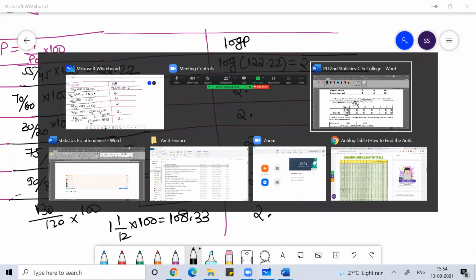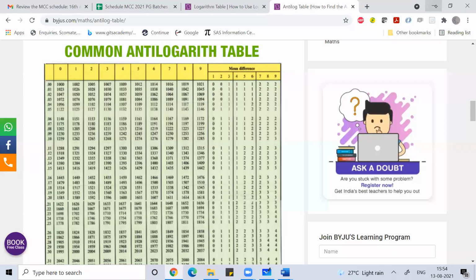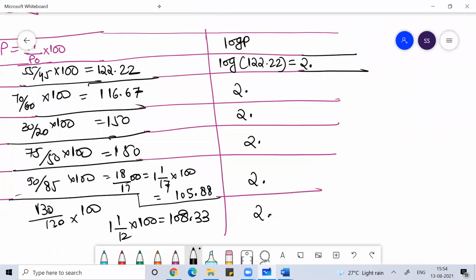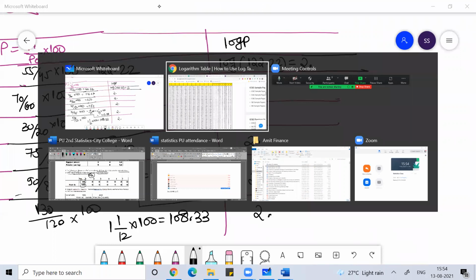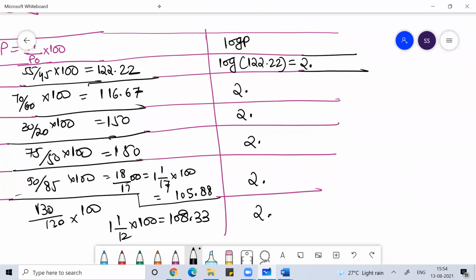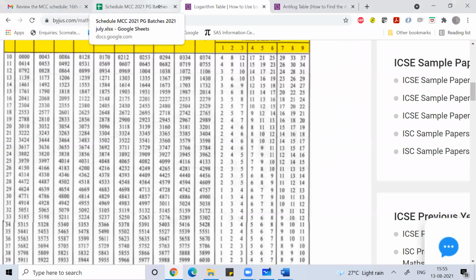Then what you do? Go to the log table. In the log table, for the first one, 122.22, see column 12 and row 2. Column 12 and row 2, that is 0.0864.